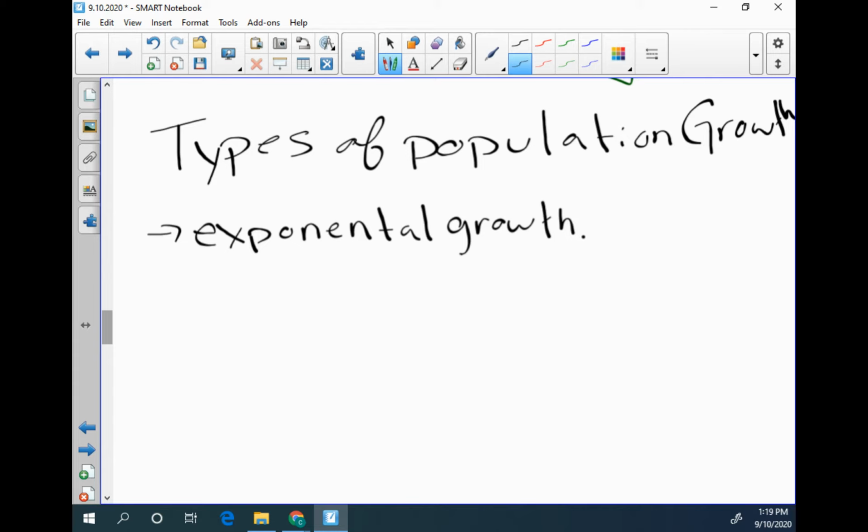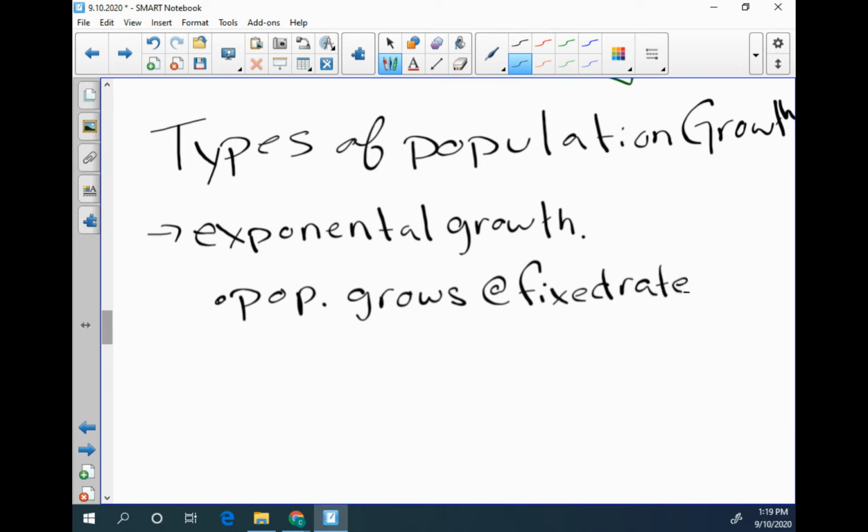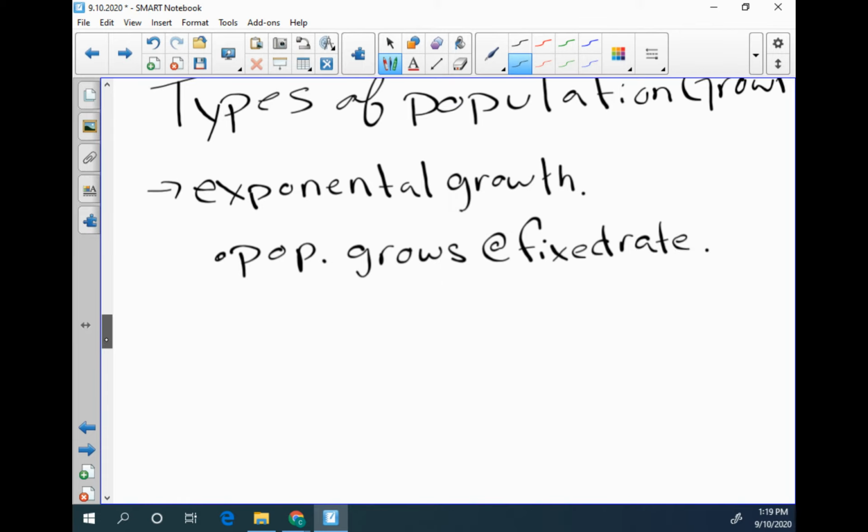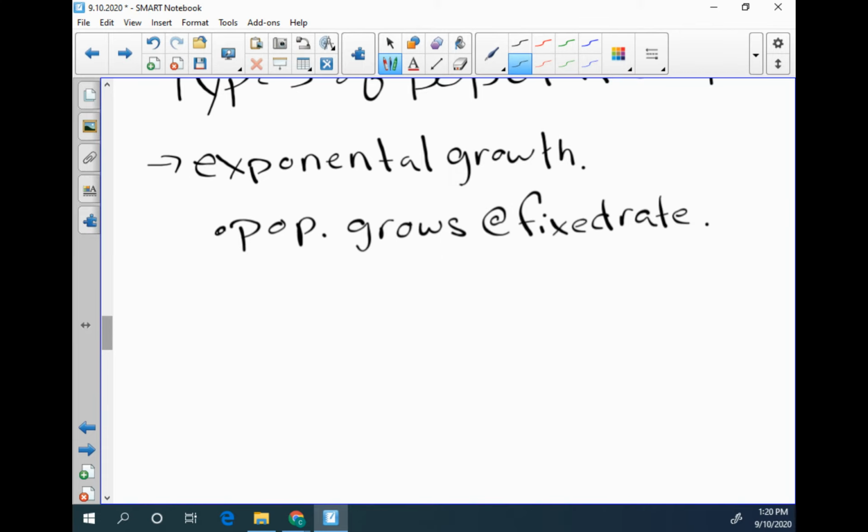So the population grows at a fixed rate each year. Now, this doesn't happen a lot.